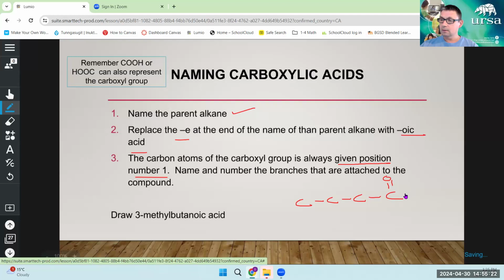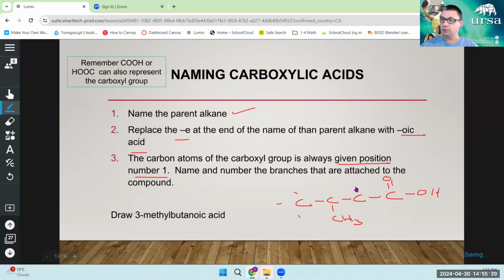We've added the carboxyl group, which is one of the carbons. It takes precedence. This is carbon 1. So 1, 2, 3. We add a methyl group here, and this would be 3-methylbutanoic acid.